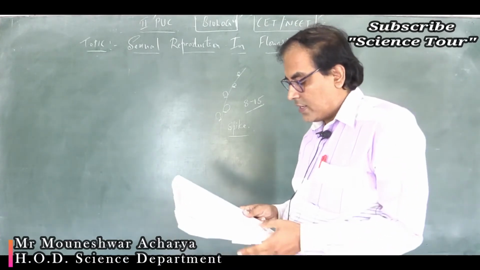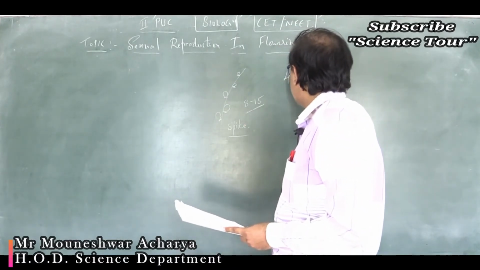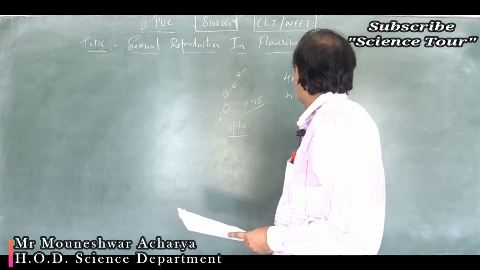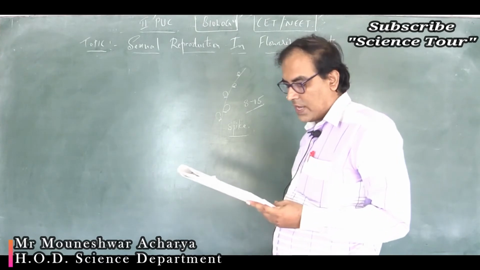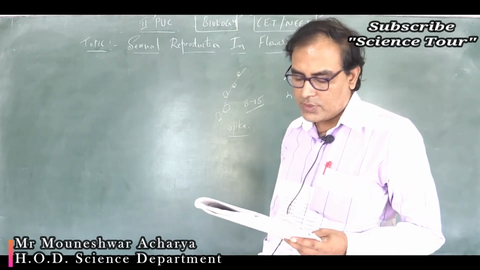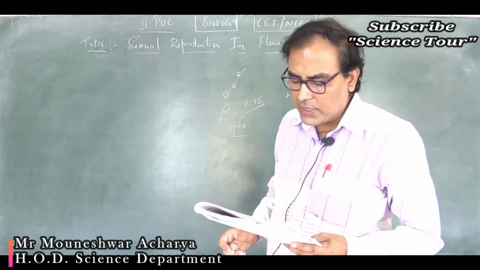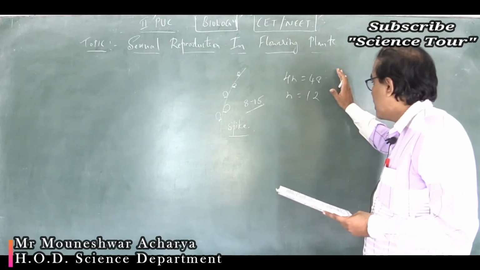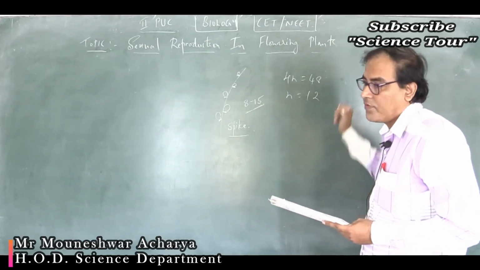Tetraploid 4n is equal to 48, it is given. So n is equal to what? n is equal to 12. During the formation of the egg, the chromosome number will reduce to half the initial number of chromosomes.